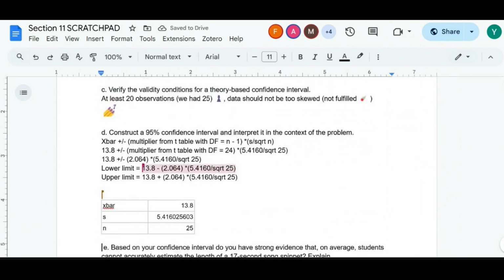Oh, we didn't interpret it yet, right? We are 95% confident, and we'll use the layperson one, not the long one. We are 95% confident that what is between what and what? Can you finish the sentence?